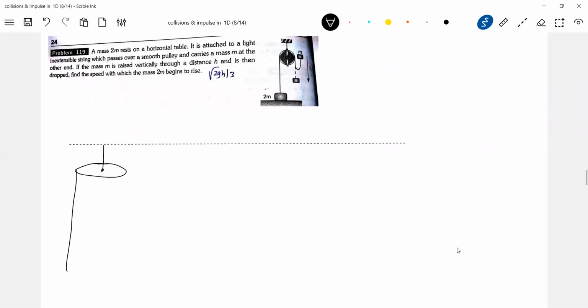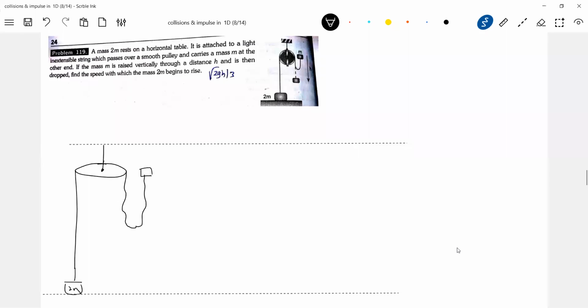So there's a block 2m which is on the ground. Let me release it. Let this be h.